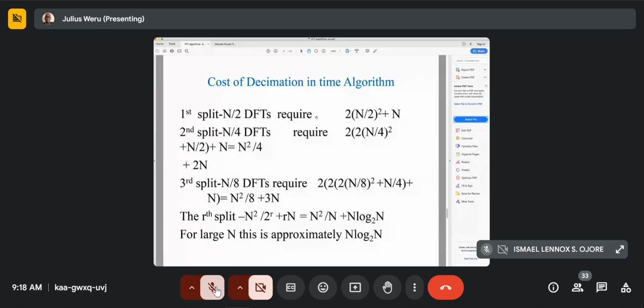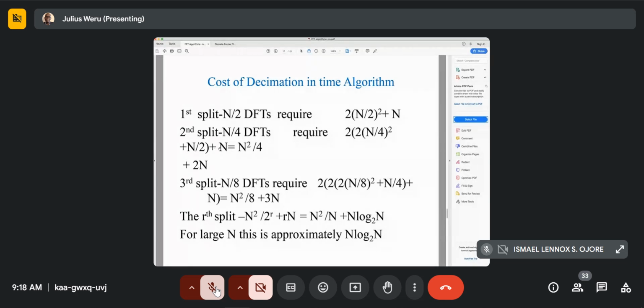So the first split gives us 2 of this plus n. The second split gives us 2 of this plus n. I hope you're able to see that. And of course, you still have the other n, plus n plus that other n.